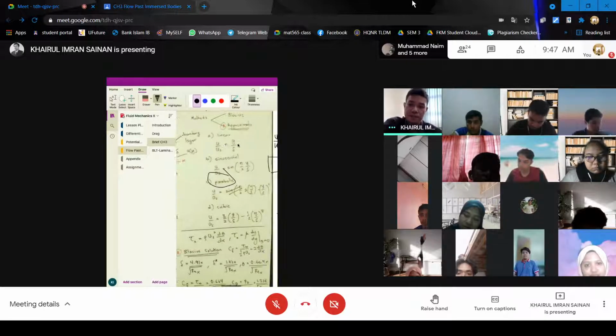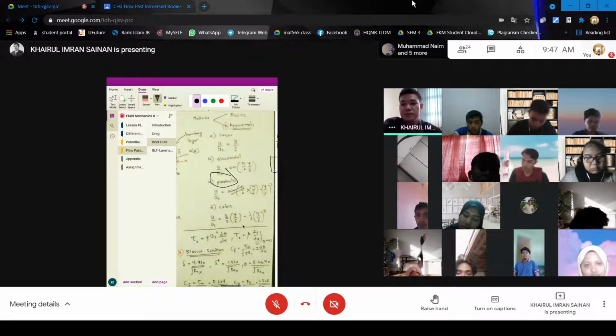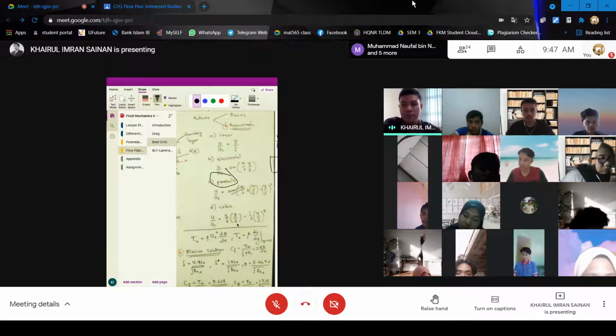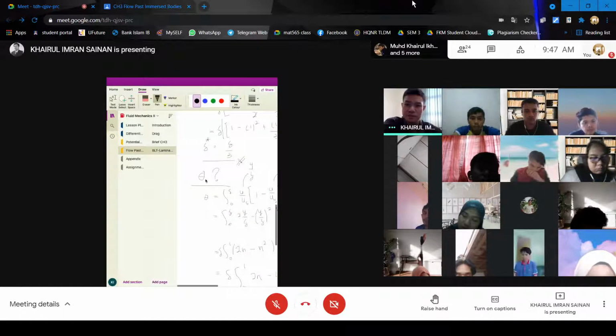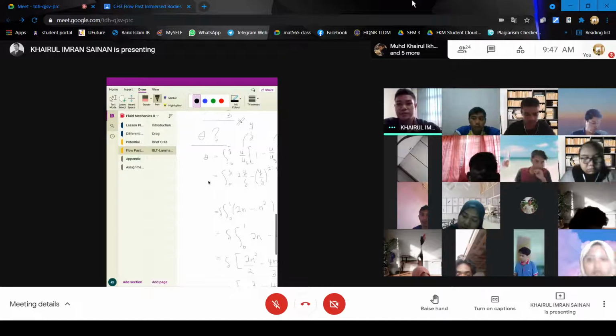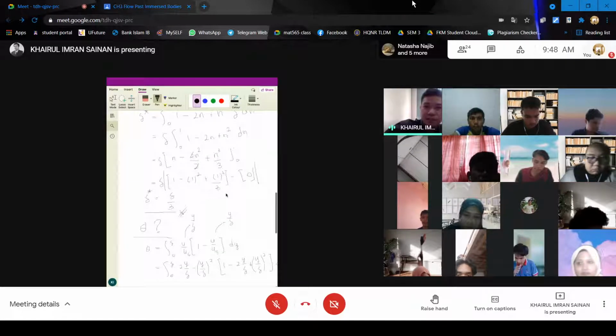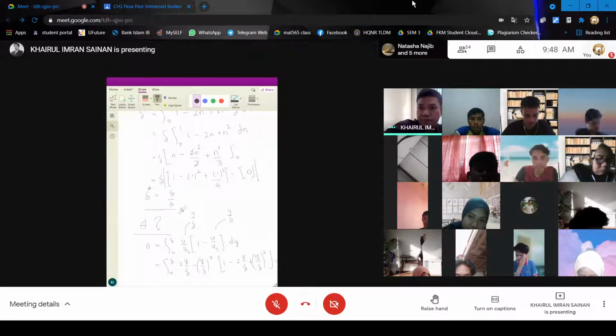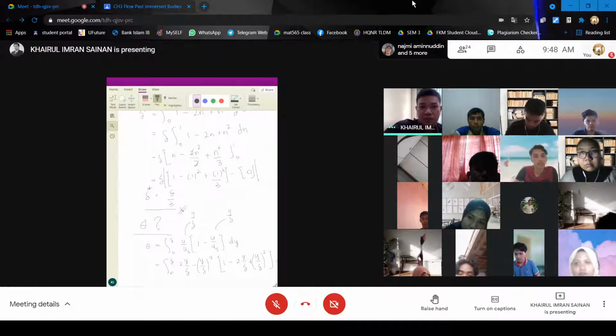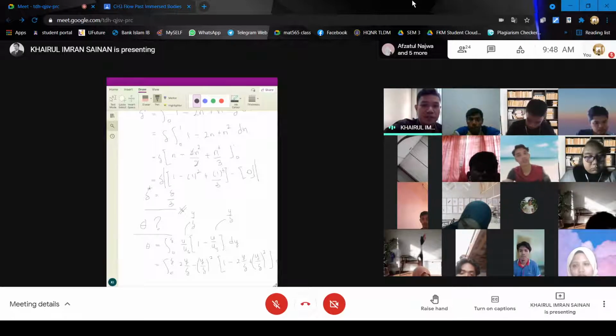For cubic, instead of this one, you replace all with this equation. Any question on delta star and theta? I think that's all.